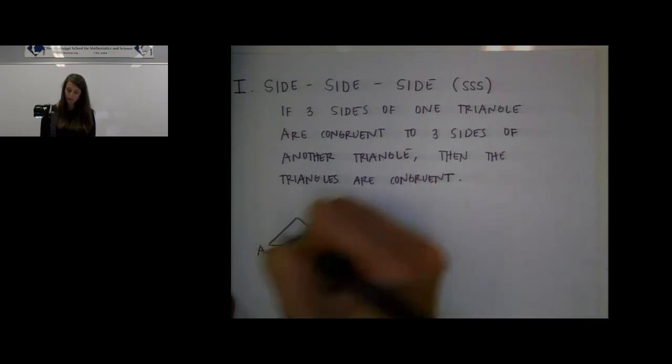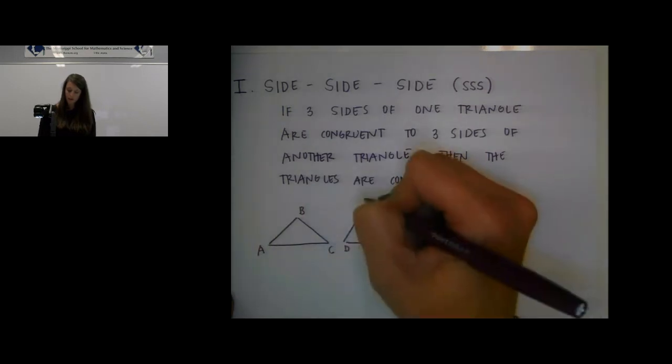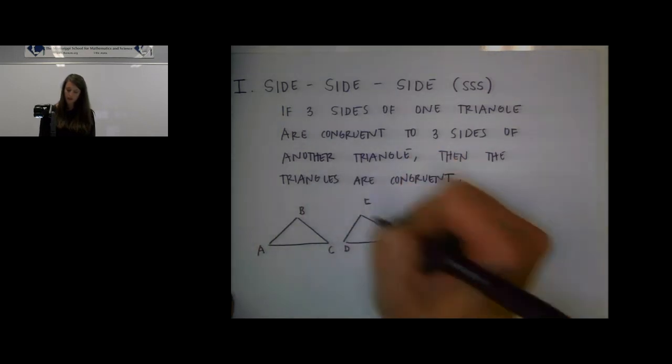One is going to be triangle ABC. The other one's going to be DEF. That is an E, I'm sorry.